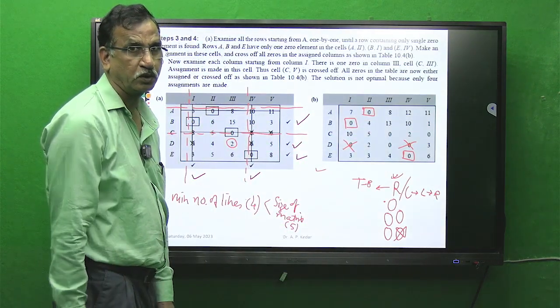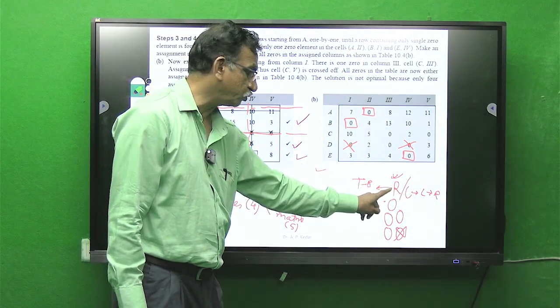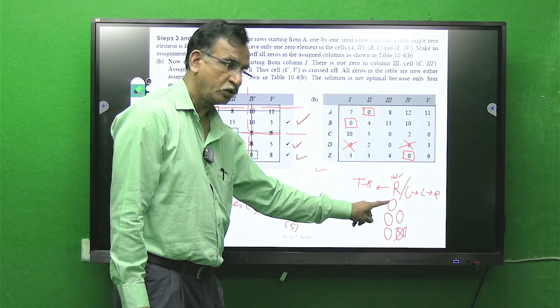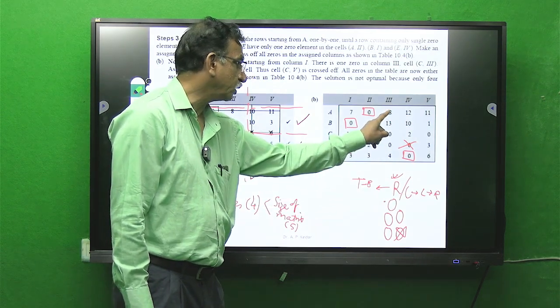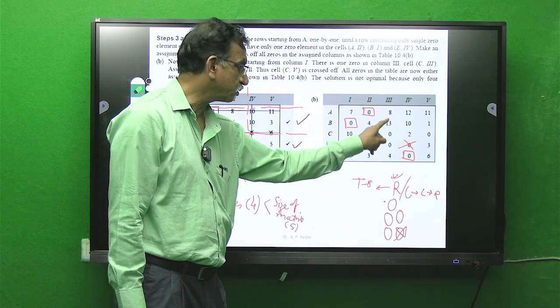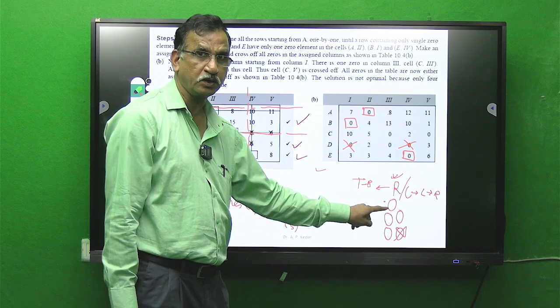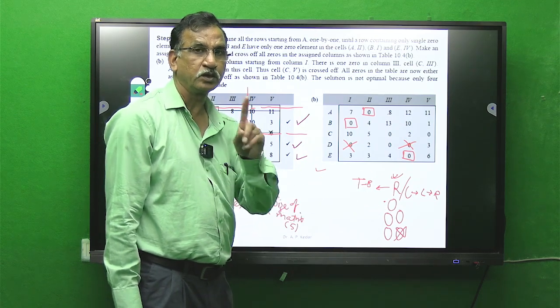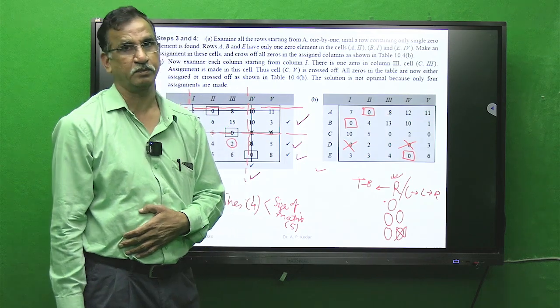But what does the hierarchy say? Column, once you finish rows with single 0, go for columns with single 0. Here I am getting 2 zeros. I will not disturb this particular column first. I will try, is there any column with a single pure independent 0 available for assignment.